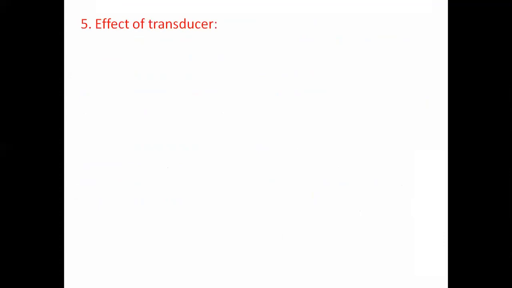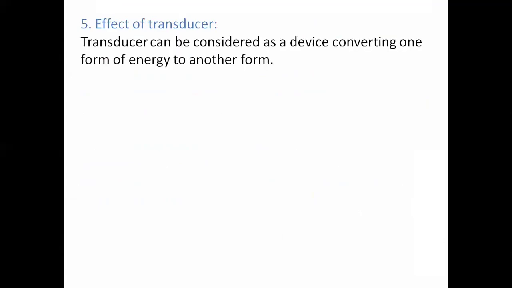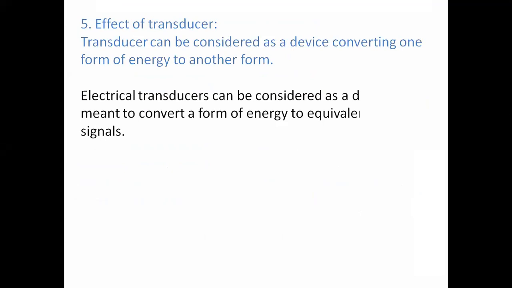So the next one is the effect of the transducer. Different types of transducers are used, active transducers and passive transducers. Due to these transducers also, the actual signal may not produce the output properly. So that will also affect the measurement of the physiological parameter.